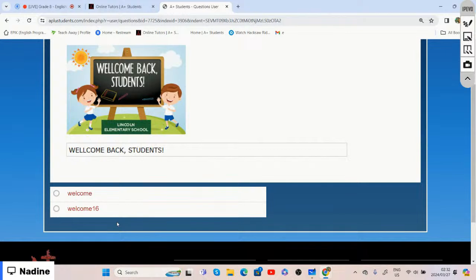All right, so if we were to correct the error on that poster, it is going to be option 1, which is welcome, W-E-L-C-O-M-E.